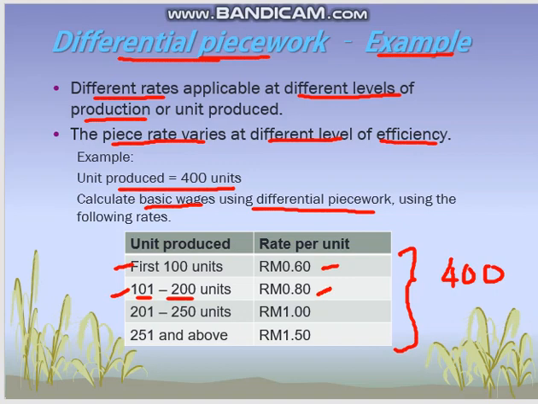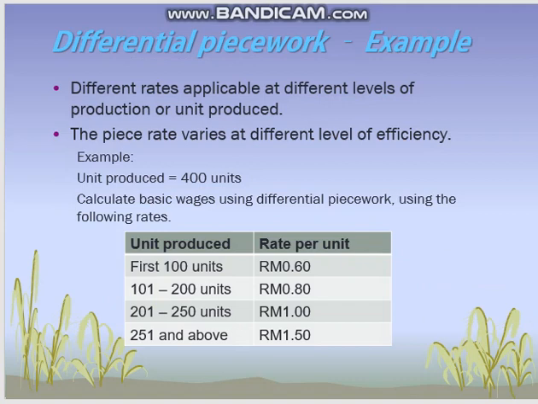If they produce more than 200, which is 201 until 250 units, the rate will be higher, which is 1 ringgit. And if they perform better, 251 and above, they get 1 ringgit 50 cents, which is the highest rate.